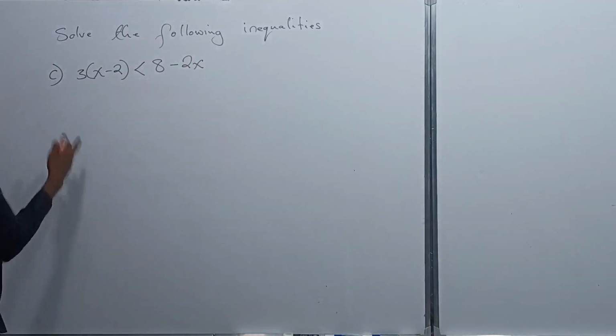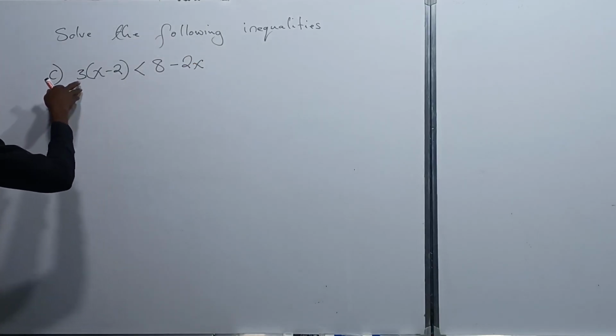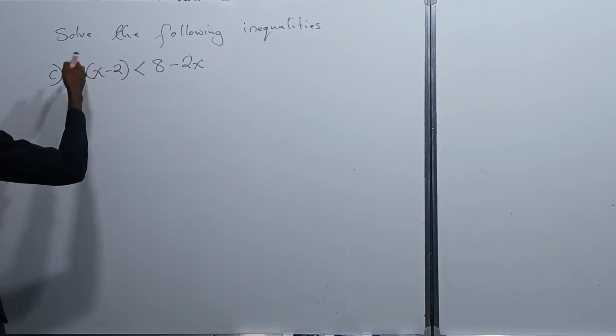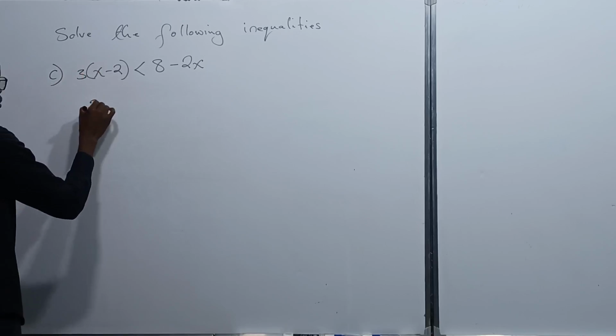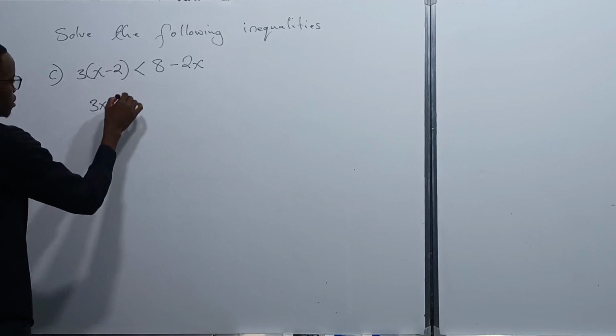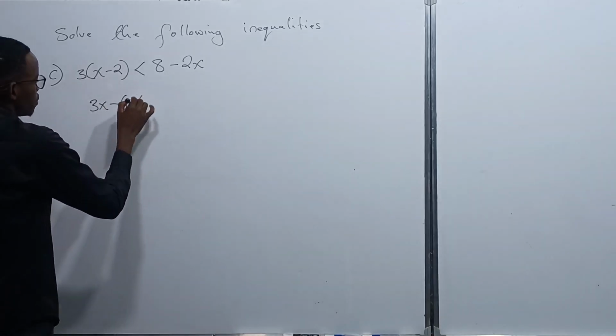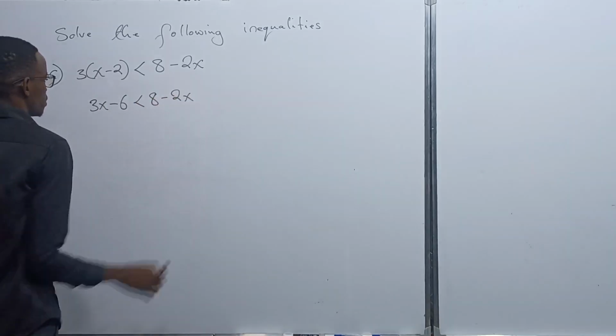What we do here is first get rid of the brackets by multiplying the 3 by x and negative 2. So 3 times x gives us 3x, minus 3 times negative 2 gives us negative 6, which is less than 8 minus 2x.